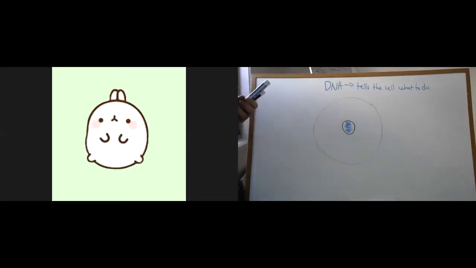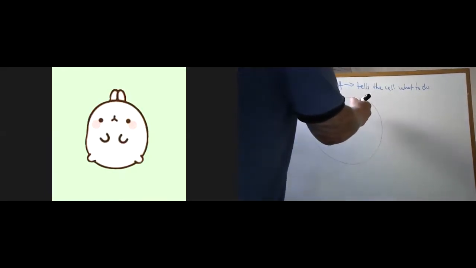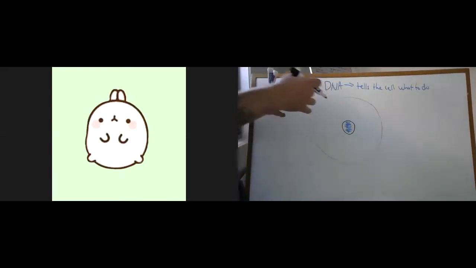So if this was a pancreas cell, the DNA would produce a hormone and tell the cell to do something.